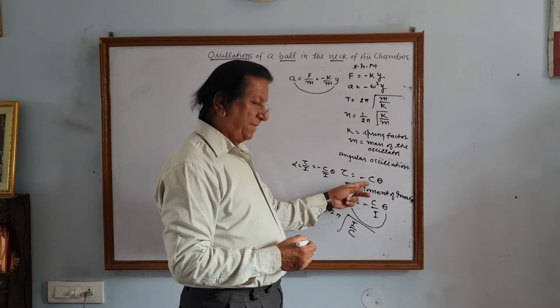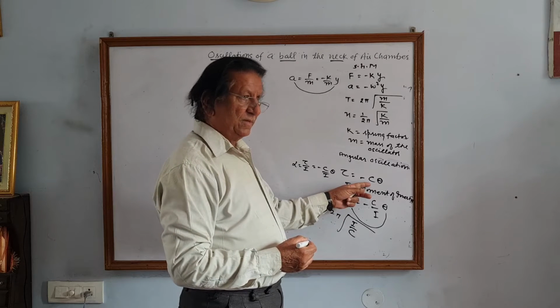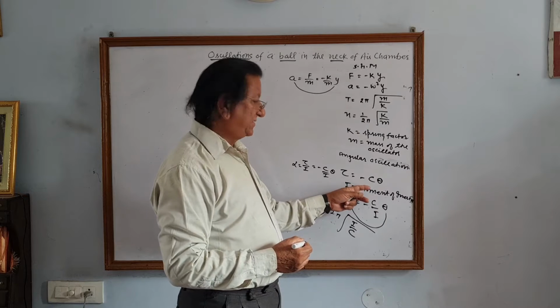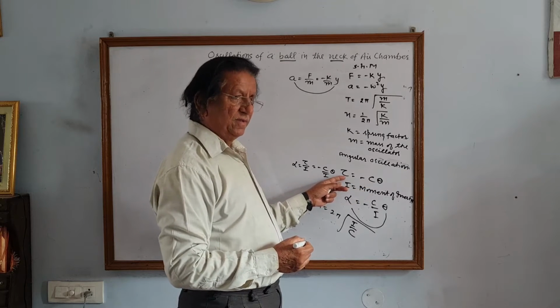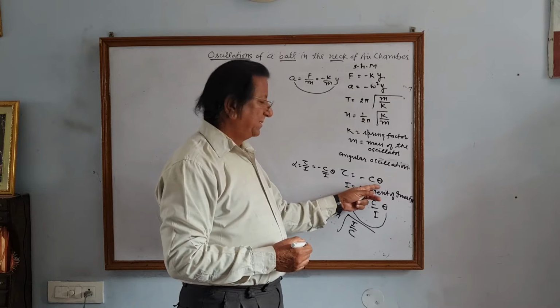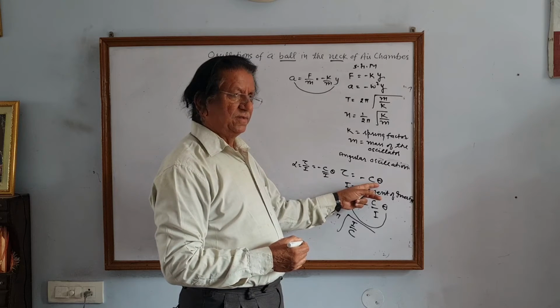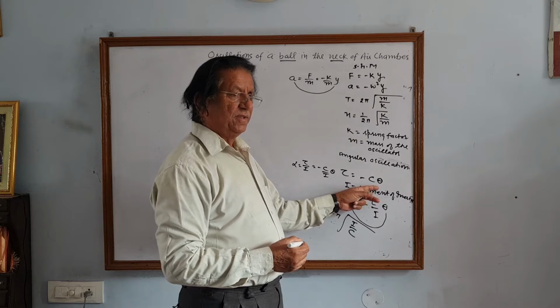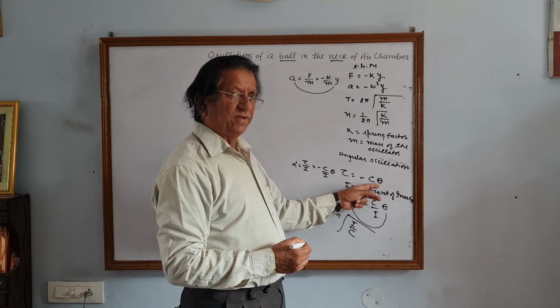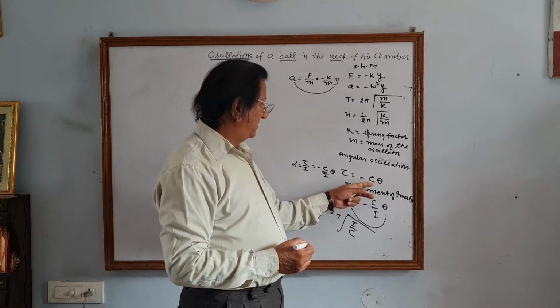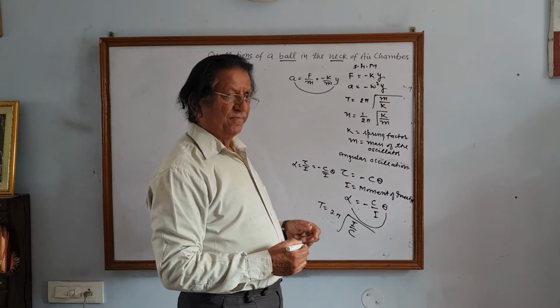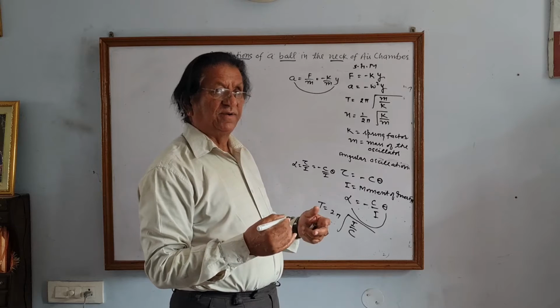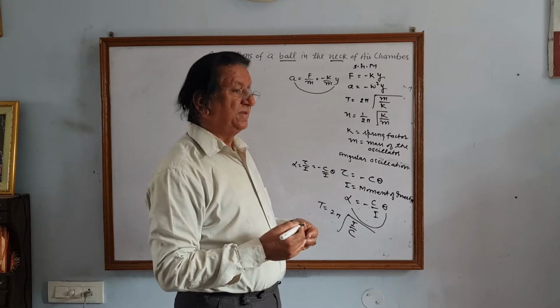What is c? Spring factor. C actually is the restoring torque required for a unit angular displacement. If you take theta as 1 radian, then C will be numerically equal to torque. From a formula you can identify a particular physical quantity.